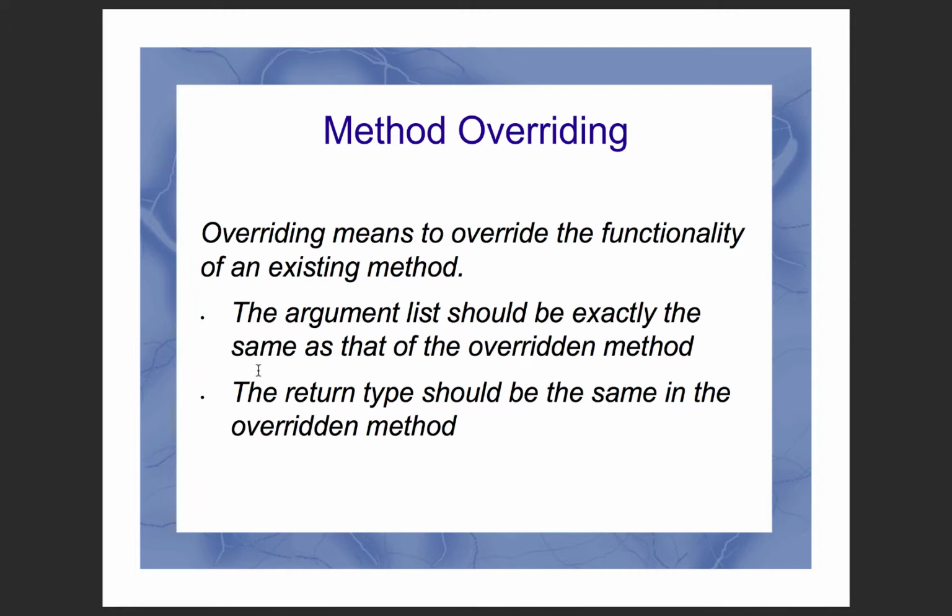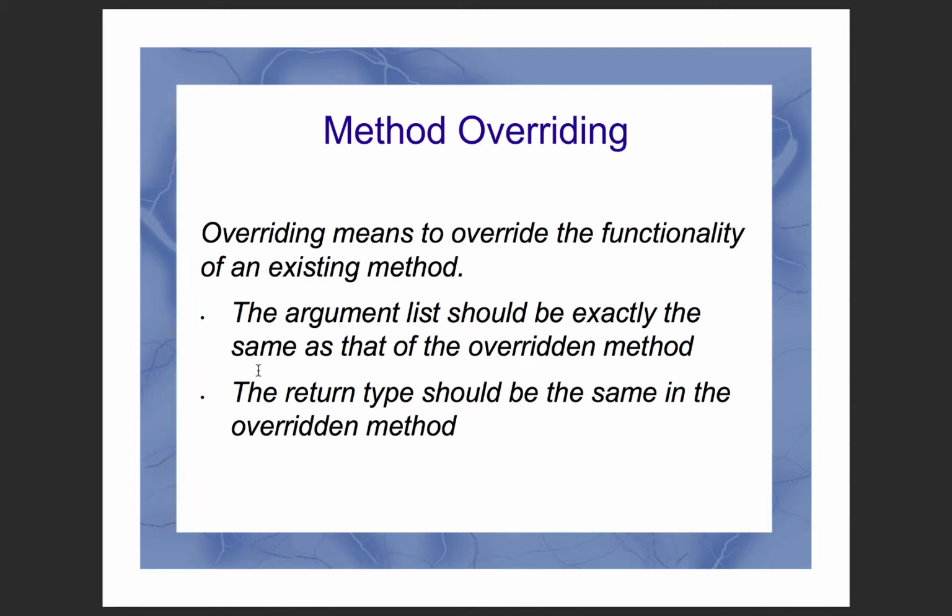So how do we implement the polymorphism concept in Java? The first one is called method overriding. Overriding means to override the functionality of an existing method. For example, you have a superclass, and the superclass has a function. Now you create a subclass.